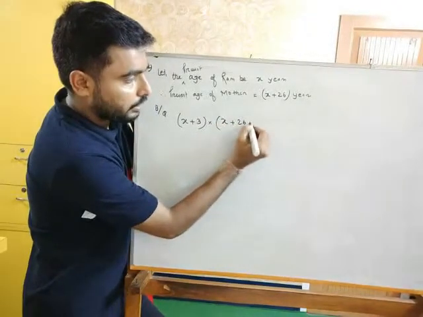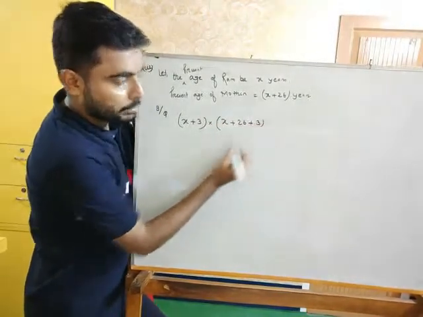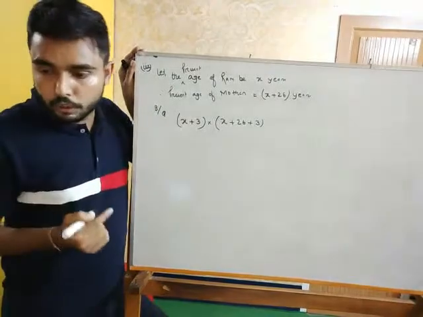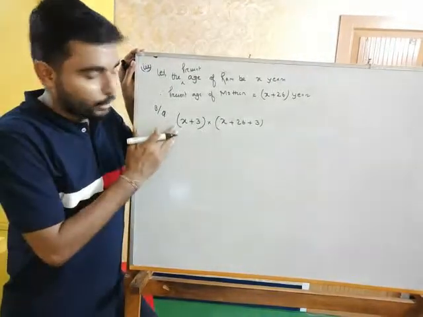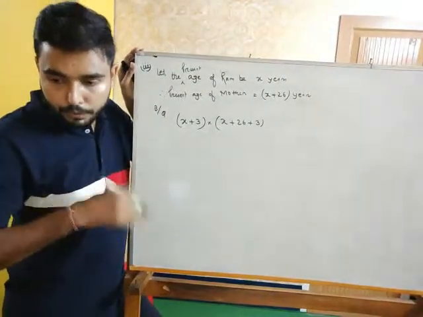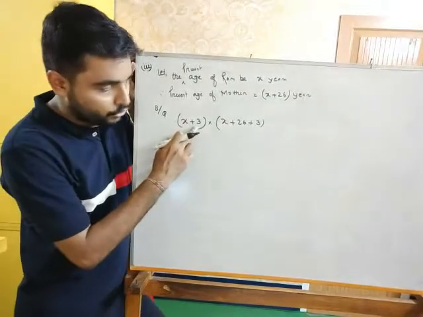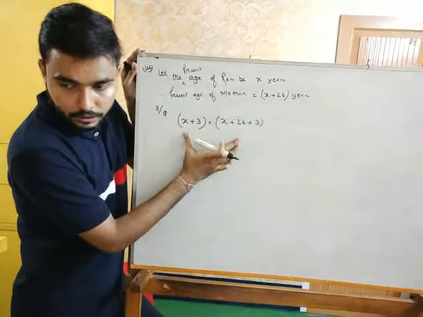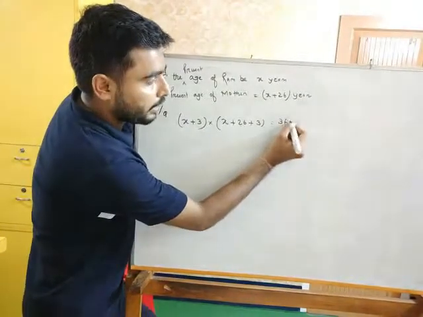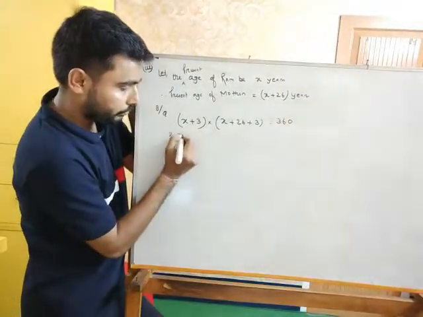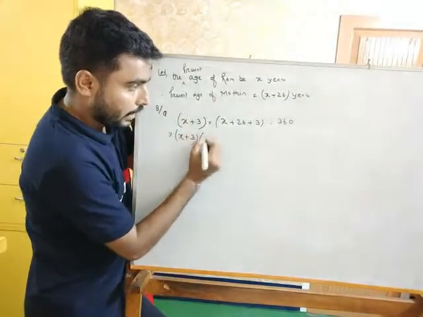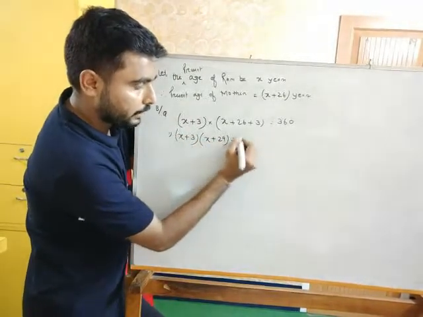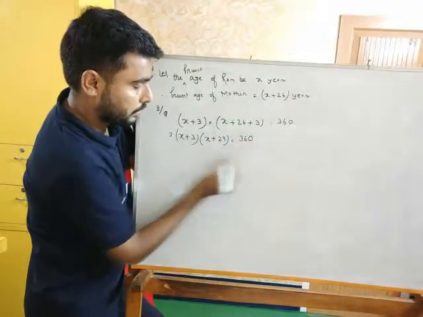What is the age of mother? X plus 26 plus 3, because the mother will also grow 3 years older after 3 years, and Ram will grow 3 years older from now, isn't it? So therefore x plus 3 and x plus 26 plus 3, the product of these two ages is equal to 360. X plus 3 times x plus 29 is equal to 360.